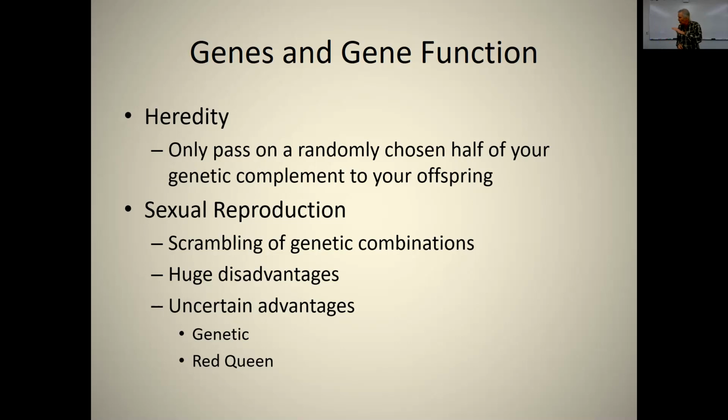One explanation is thought to be possibly genetic: if an asexually reproducing parent has a defective allele, then they pass it on to all of their offspring.